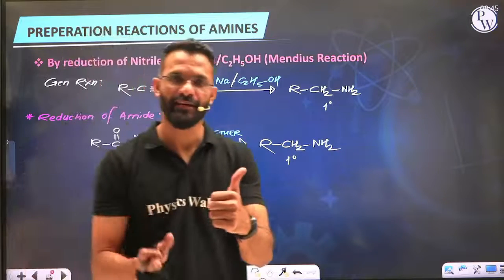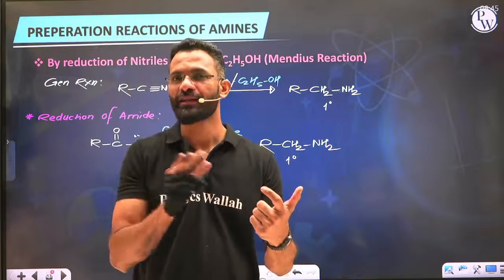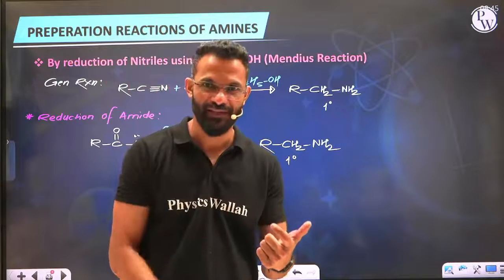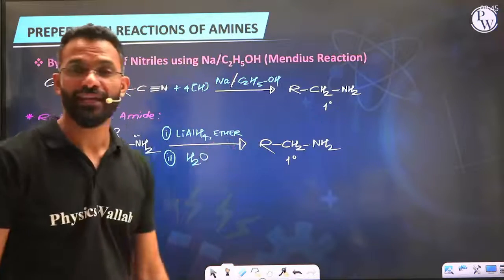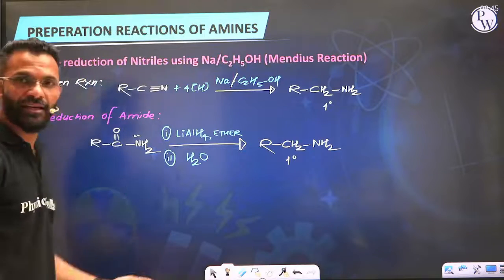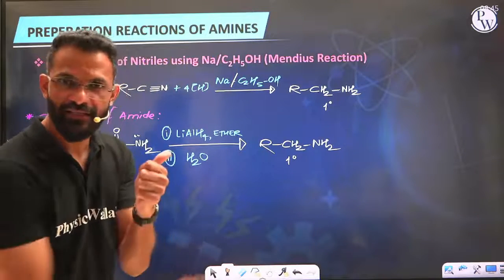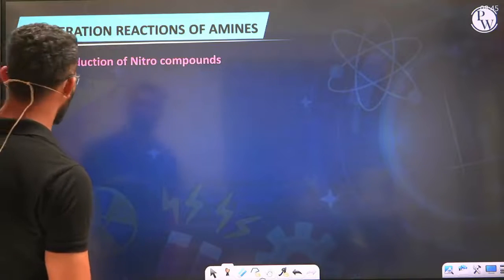Nitriles, meaning cyanides, can be reduced by catalytic hydrogenation or by metal acid, that is sodium in ethanol reduction, called the Mendius reaction. And we saw amides can also be reduced to primary amine using LAH, lithium aluminum hydride, in ether followed by hydrolysis.